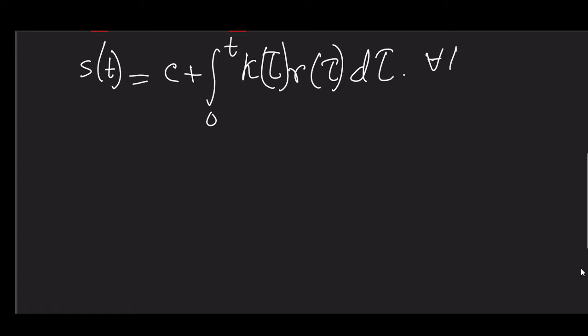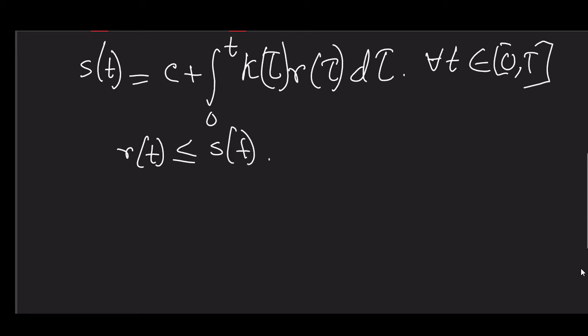We are considering this for all t, so no need to write every time which interval we are talking about. It is implied from that first statement that r(t) is upper bounded by this s(t), for t belonging to the interval.